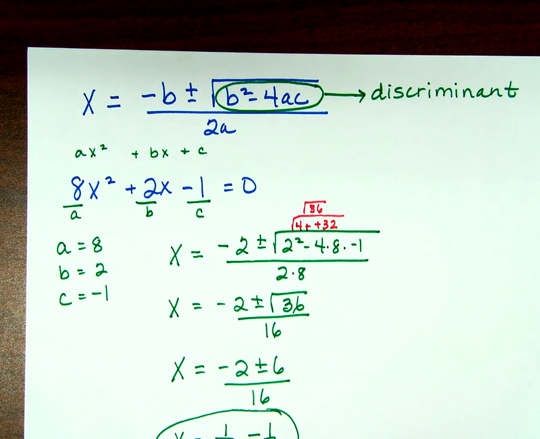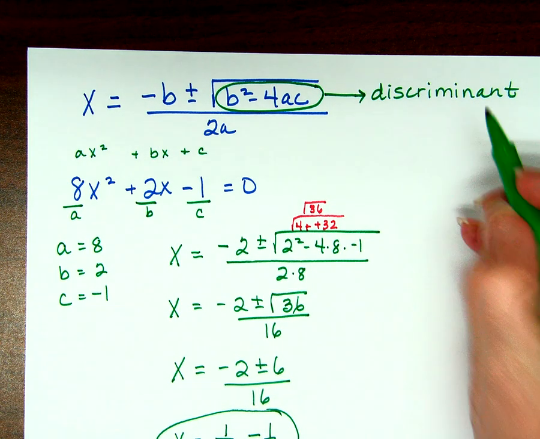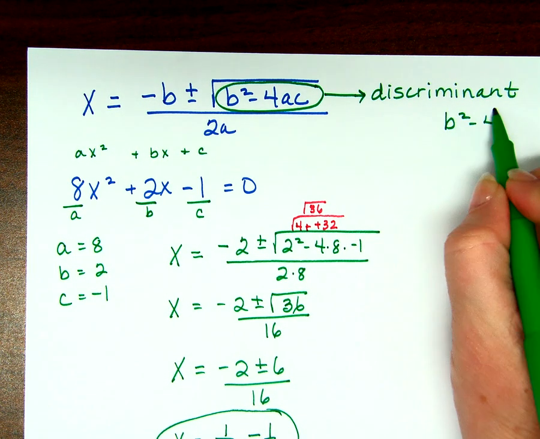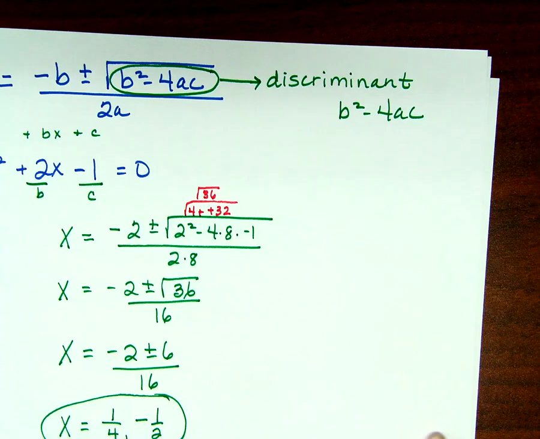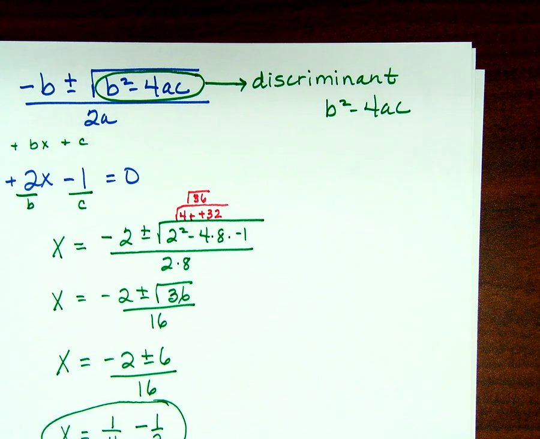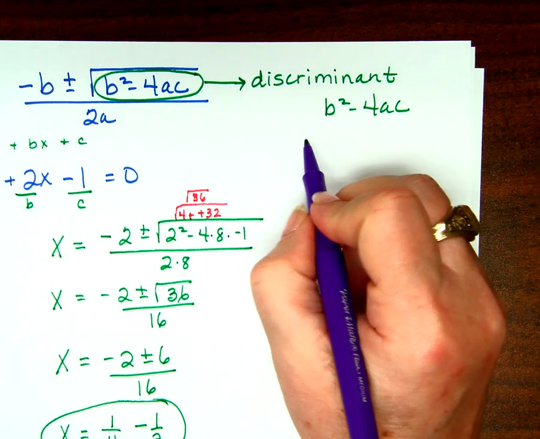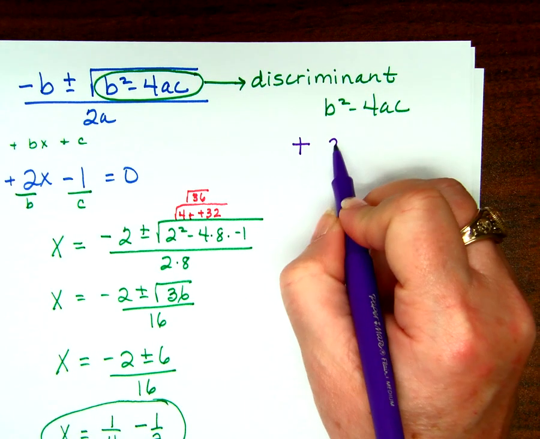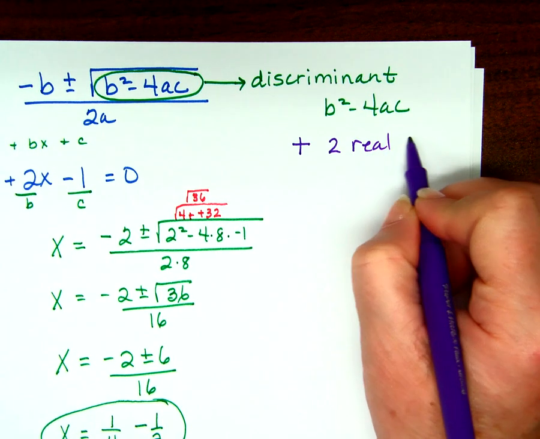It's just b squared minus 4ac. The discriminant can tell you some interesting things. First of all, if the discriminant is positive, it's telling you there are two real solutions.